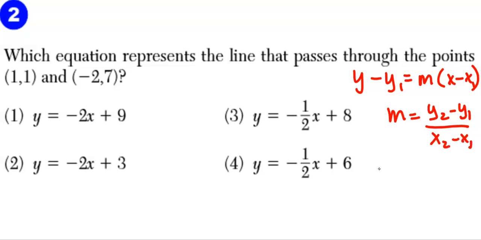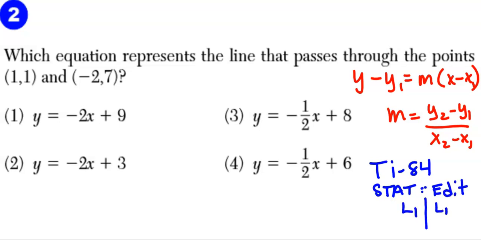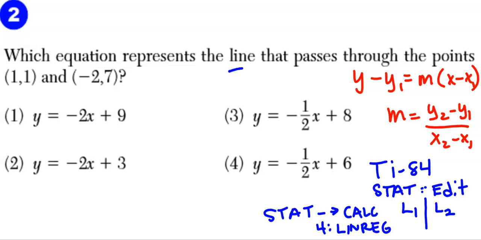A second technique is to use your TI-84 by entering these values into the stat, edit, list 1, list 2, and then computing them using the stat, calc, number 4, lin reg button, since it is a line.